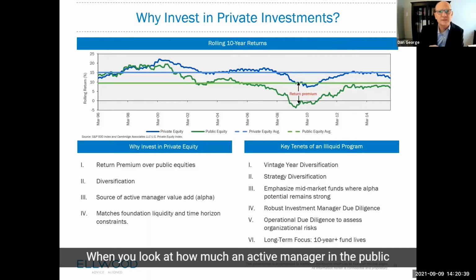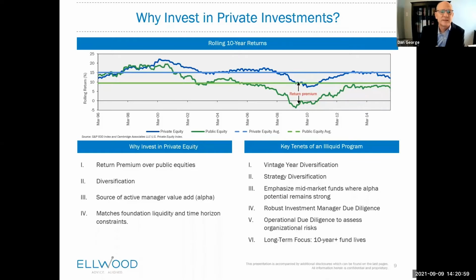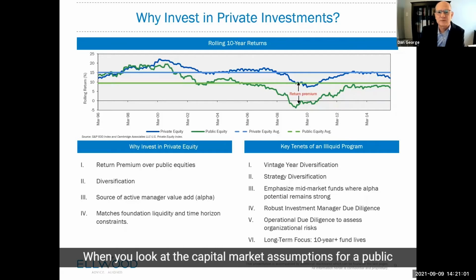When you look at how much an active manager in the public markets can beat its public benchmark index fund benchmark, if you will, the range is narrower than the margin by which a private equity manager can beat its benchmark. Said differently, when you look at the capital market assumptions for a public equity manager, it's harder for them to beat that capital market assumption than it is for a private equity manager to beat theirs.